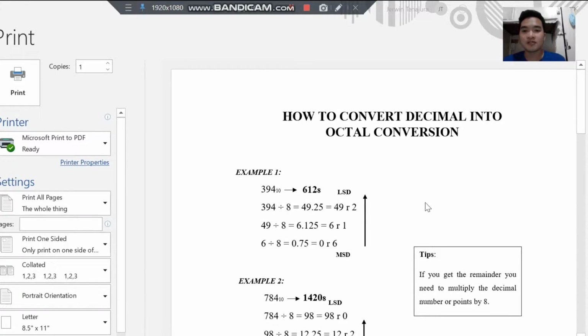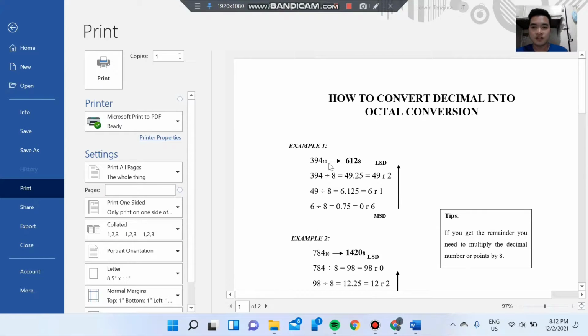The example number one is the given number 394 base 10, because 10 represents a decimal number or decimal constant number, and the 8 is represented as a constant octal number.